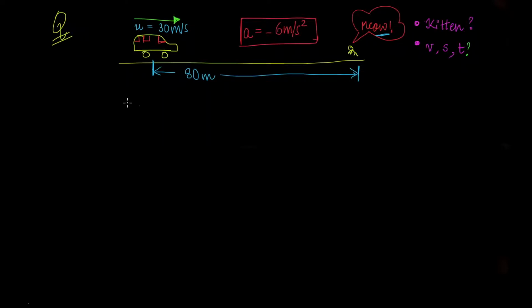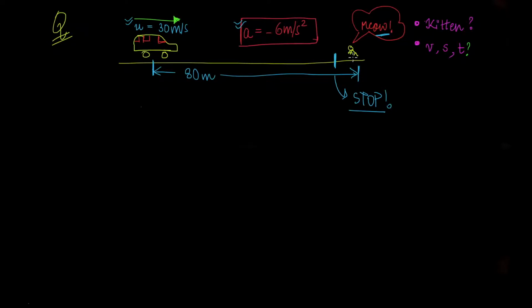So let's have the solution and let's try to understand how we would approach a problem like this. We know the acceleration and we know the initial velocity. We need to figure out whether or not the car is going to stop at a certain distance that happens to be under 80 meters. So if the car does stop, say the car stops here, then at this point where the car has stopped, what does that mean about its velocity at that instant?